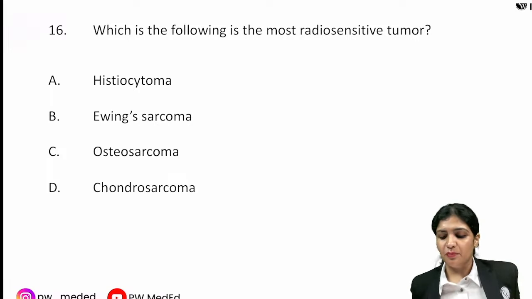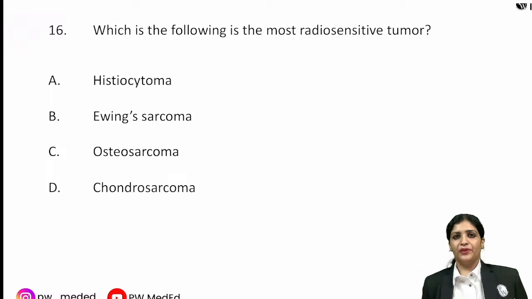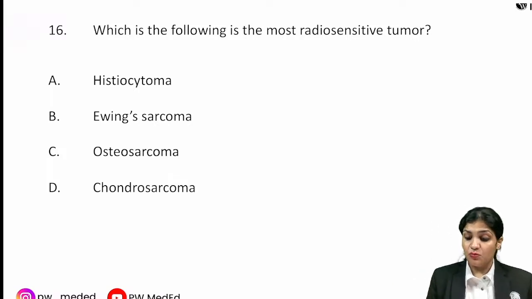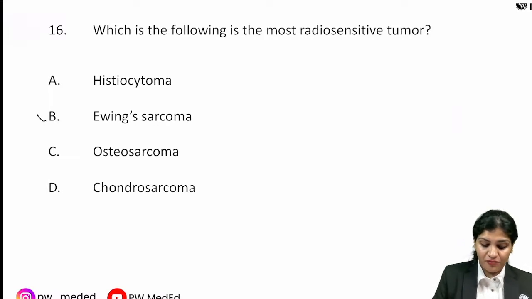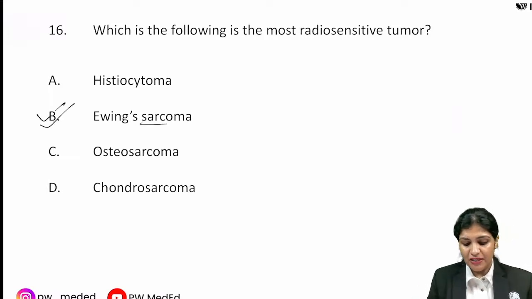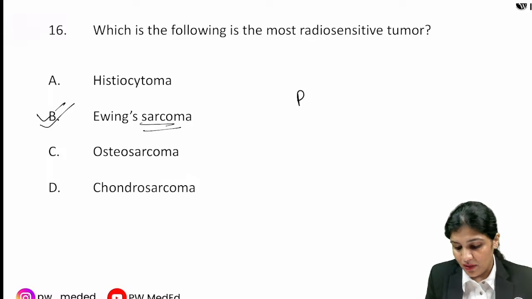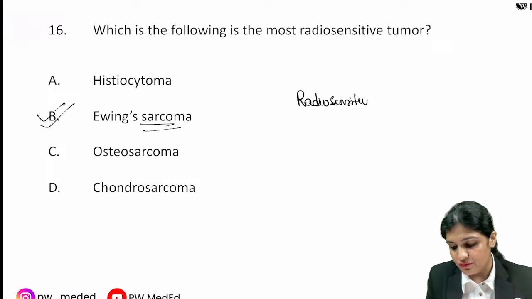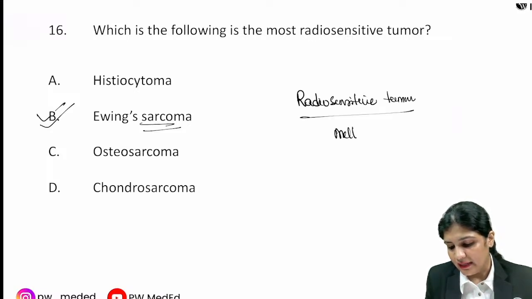Which of the following is the most radiosensitive tumor? So here you have to have this one-liner knowledge, and you have to straight away mark this as Ewing's sarcoma. So Ewing's sarcoma is considered as the most radiosensitive tumor, which just melts like a snow.